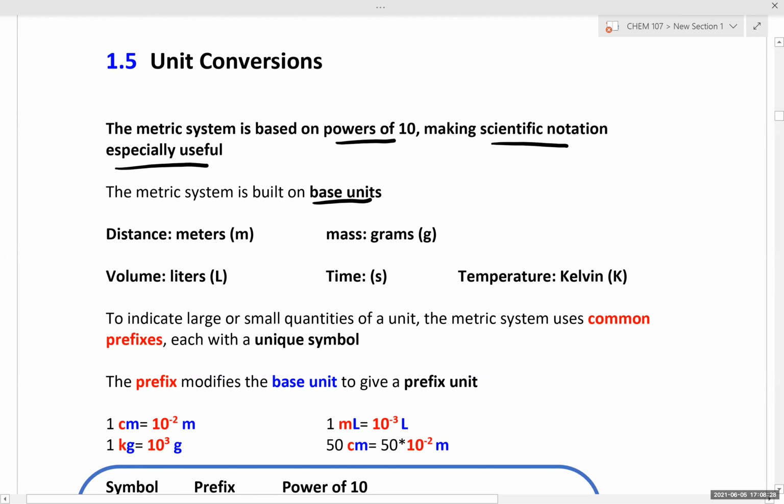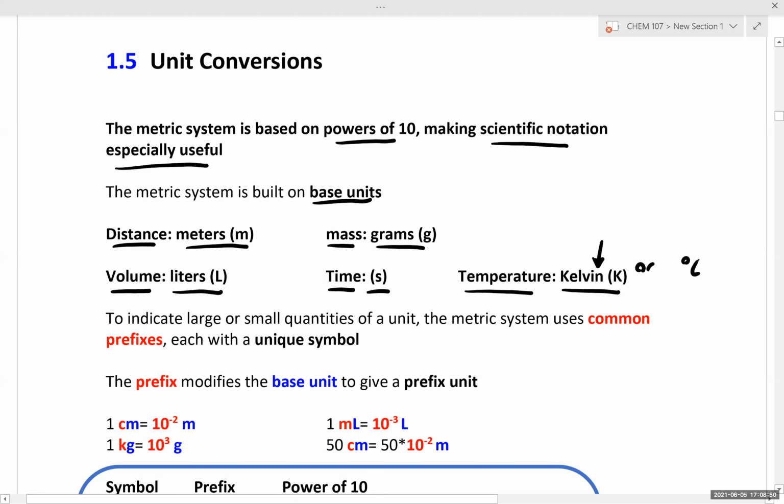Now, one hallmark of the metric system is that it's built on what are known as base units. Distance is described using units of meters, volume, liters, mass, grams, time, seconds, and temperature, kelvins, or in some cases, degrees Celsius, though Kelvin is massively preferred for temperatures.